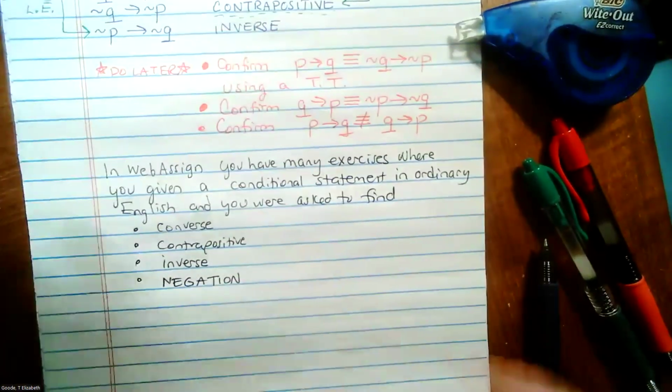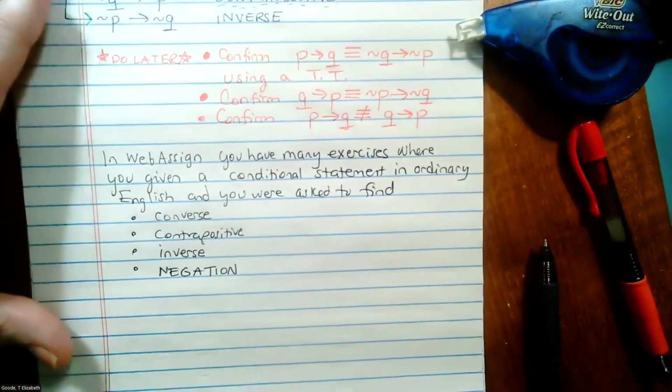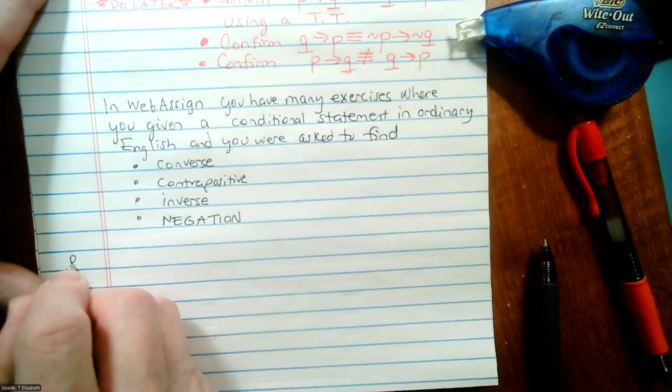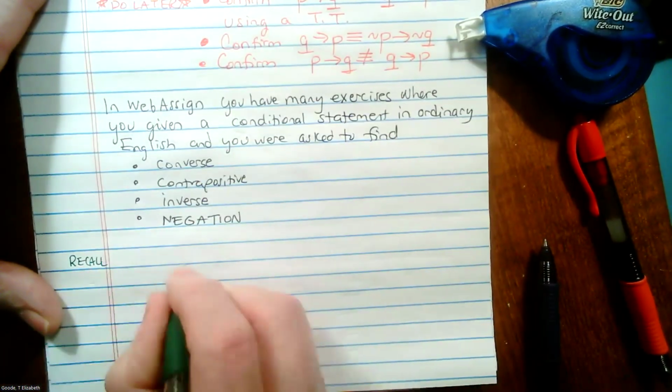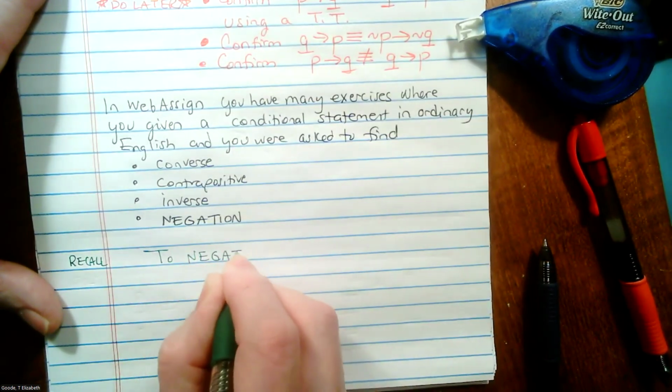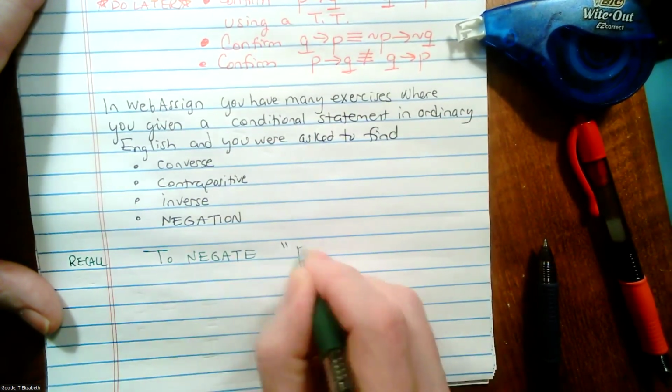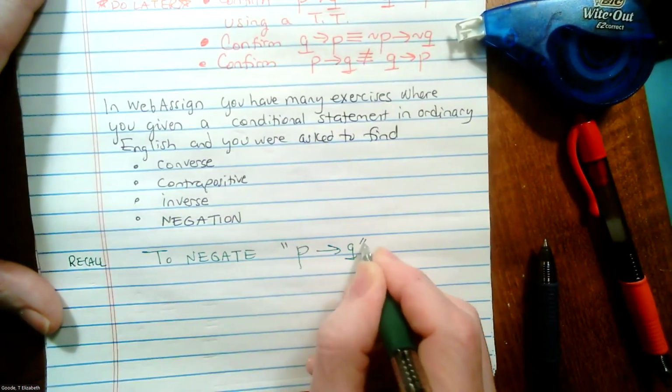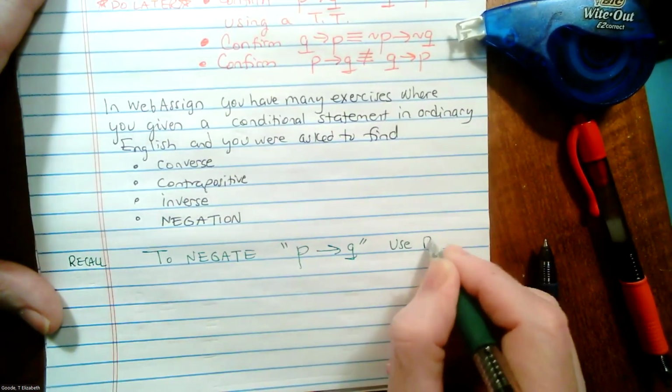All right, so let's just recall how to negate if P then Q. To negate if P then Q, we're going to use a rule.